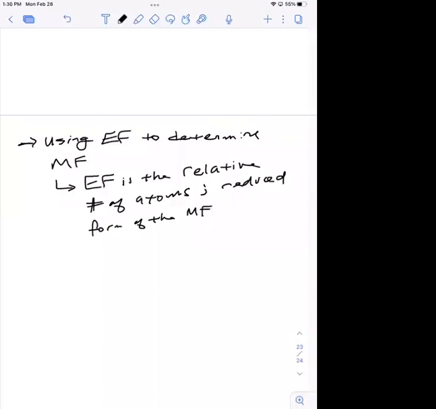And so in order to take the empirical formula and find the molecular formula, we need what's called the number of formula units. It sounds like a lot, but it's not as bad as it sounds.